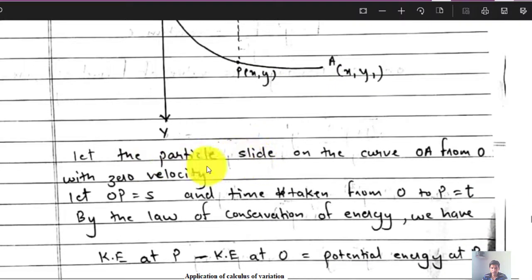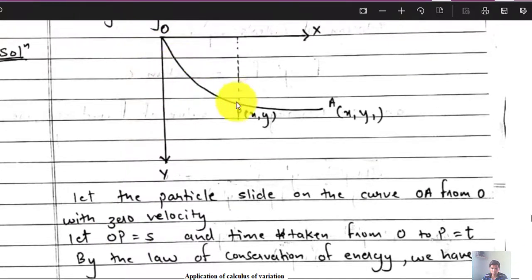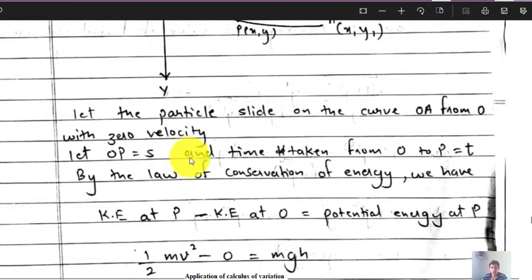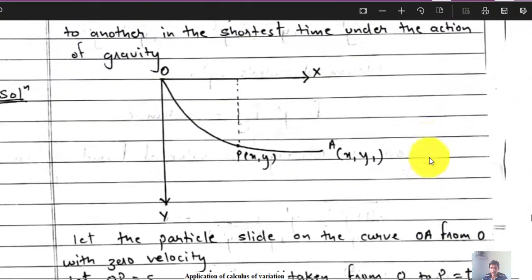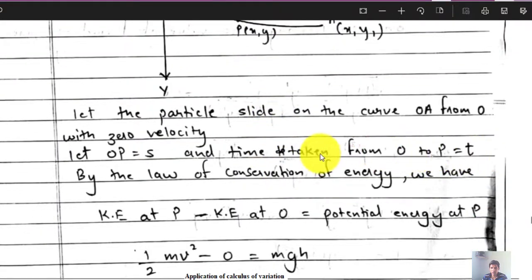Now let the particle slide on the curve from O with 0 velocity, and let OP equal S, that is the curve, and the time taken from O to P be T.